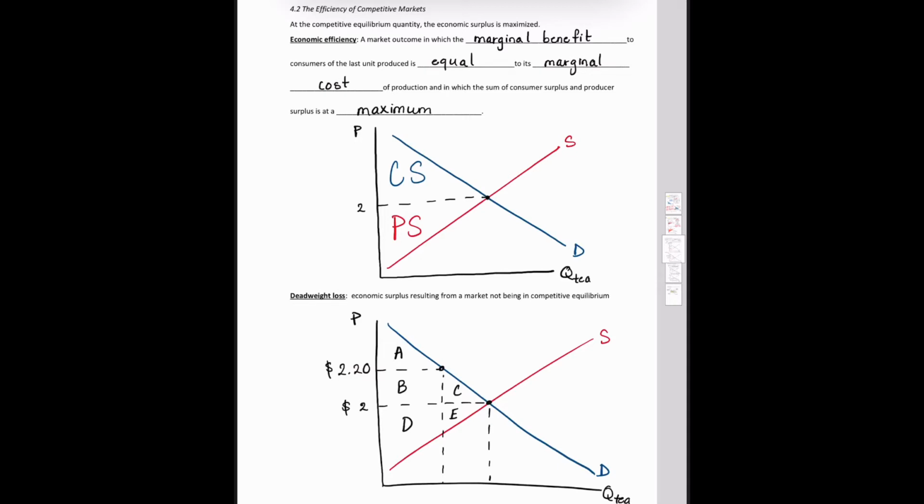So at competitive equilibrium, economic surplus is going to be maximized, or the sum of producer and consumer surplus.